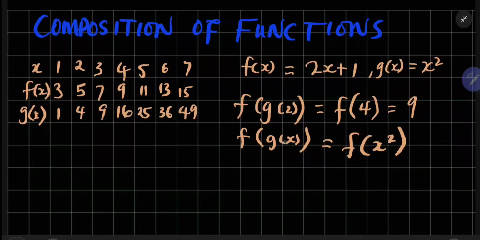And for our g, according to this question, we have x as 2. So f of x squared would be f of 2 squared, which is f of 4, and f of 4 is 9. So I've just shown you two ways of solving this.